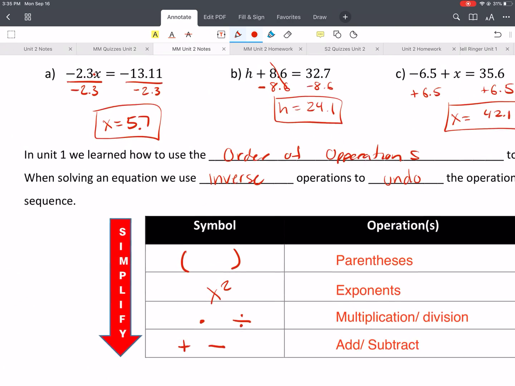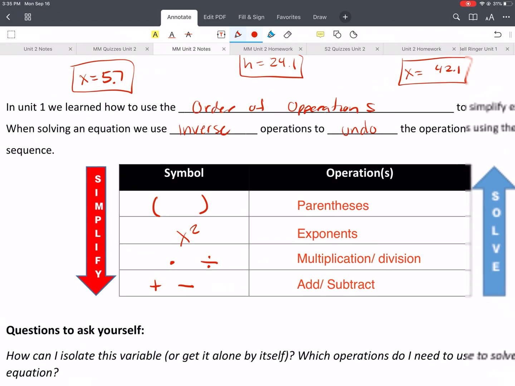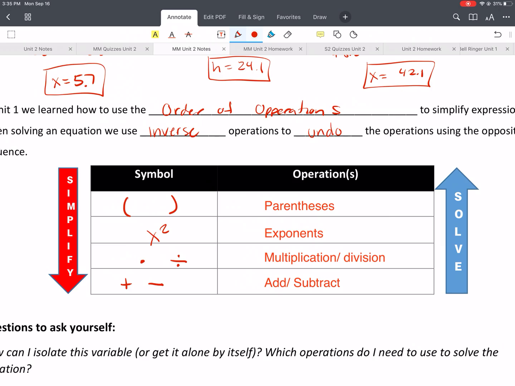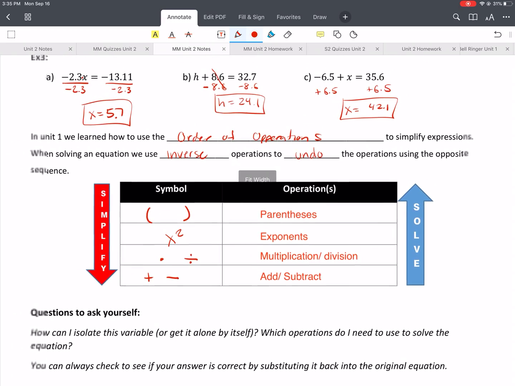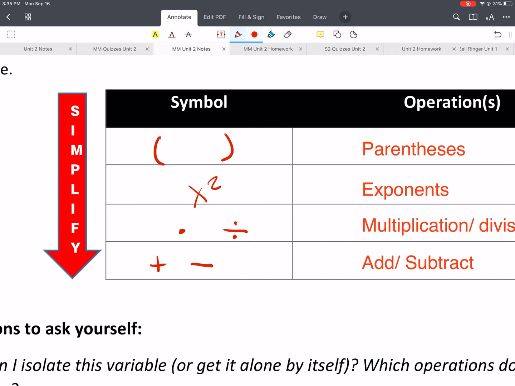Okay. All right. In Unit 1, we learned how to use order of operations to simplify expressions. When solving equations, we use the inverse operations to undo the operations using the opposite sequence. So, for example, in the past, we used PEMDAS.